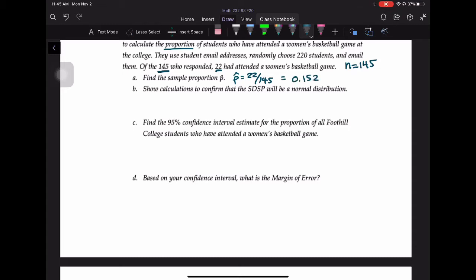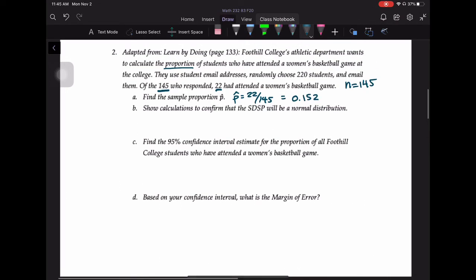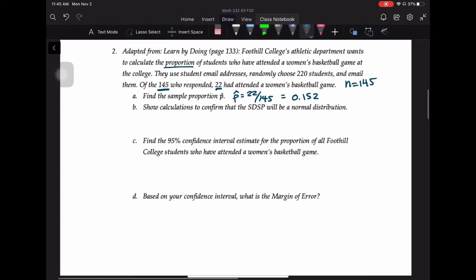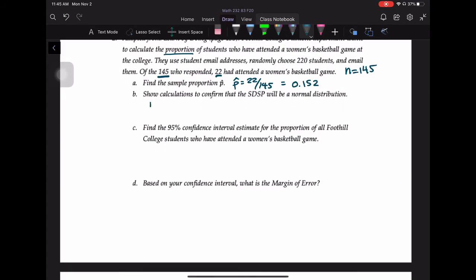Show calculations to confirm that the sampling distribution of the sample proportions will be a normal distribution. Well, if you notice in this question, we are not given the population proportion, which is most likely what's going to happen. Now, since we don't know that, we can't do NP and N times 1 minus P greater than or equal to 10. We can't check that normal condition.